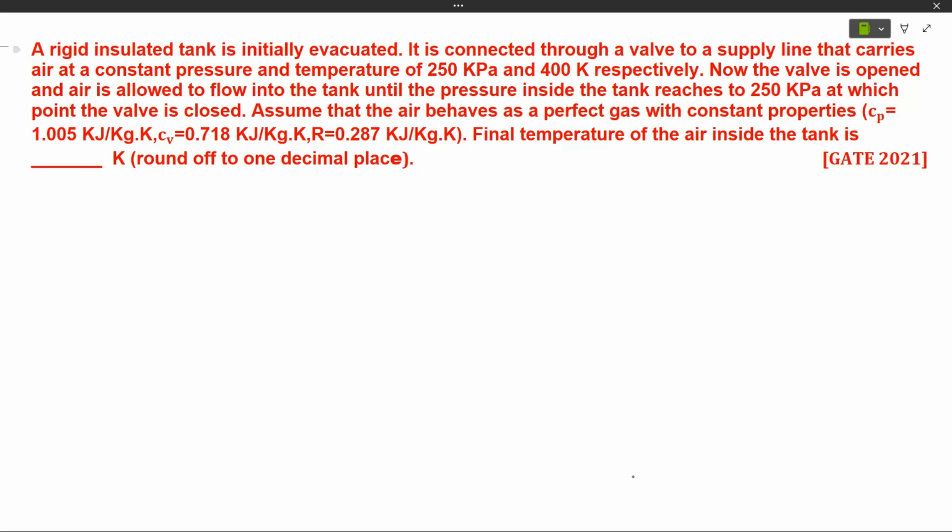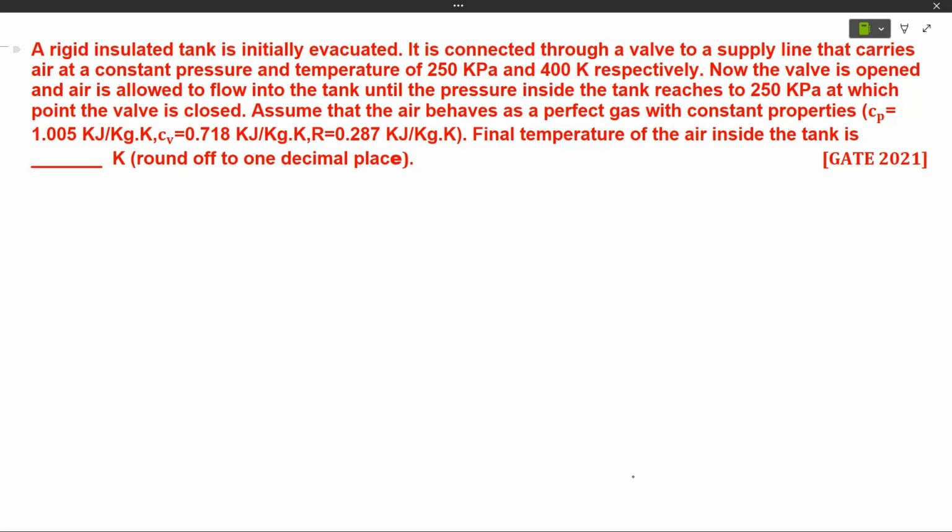Assume that the air behaves as a perfect gas with constant properties: Cp equal to 1.005 kilojoule per kg Kelvin, Cv equal to 0.718 kilojoule per kg Kelvin, R equal to 0.287 kilojoule per kg Kelvin.